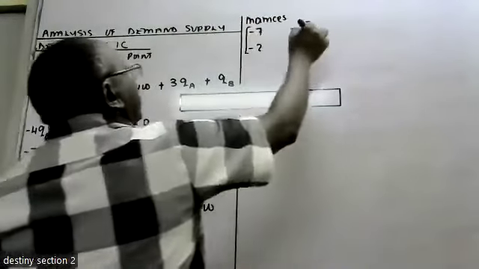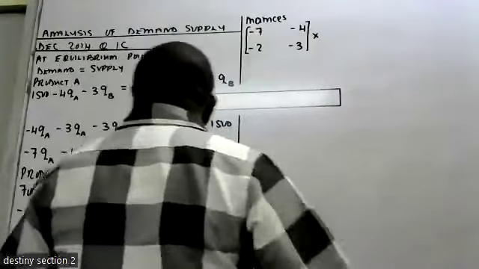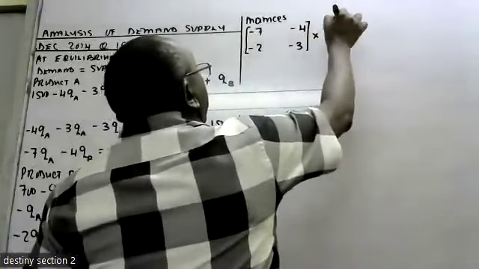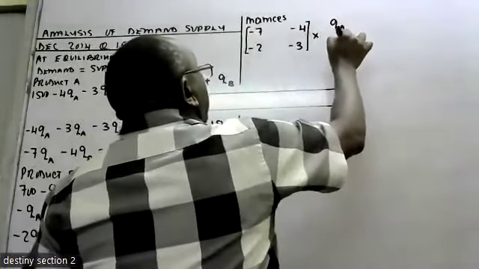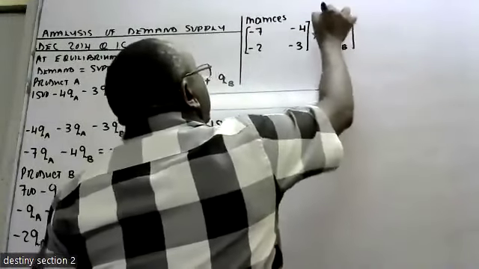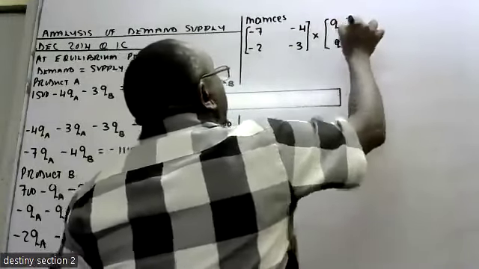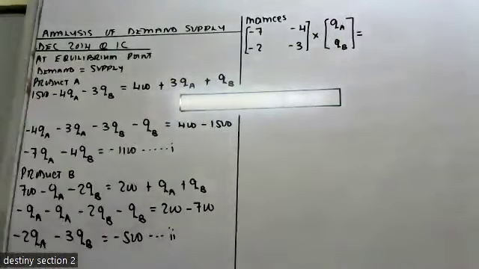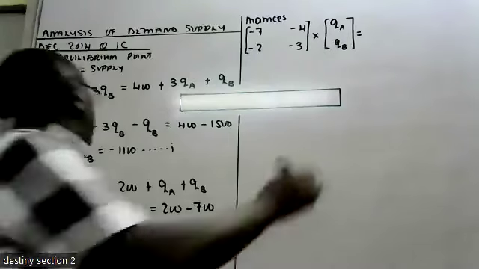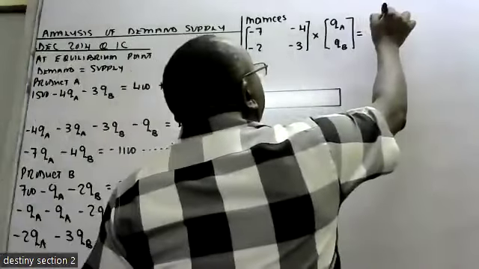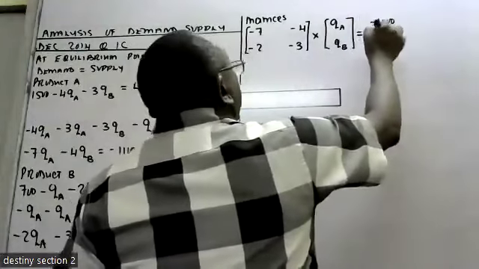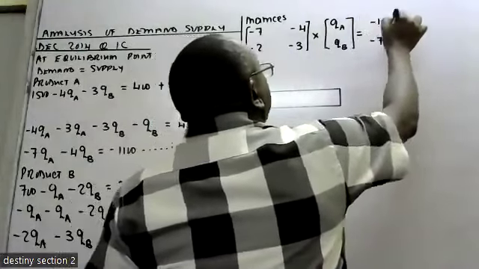Now this is times QA and QB. And this will be equal to minus 1100 and minus 700.